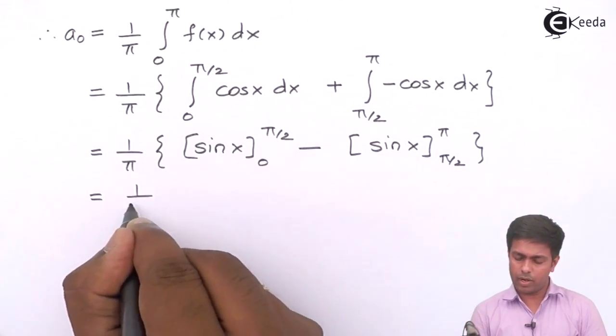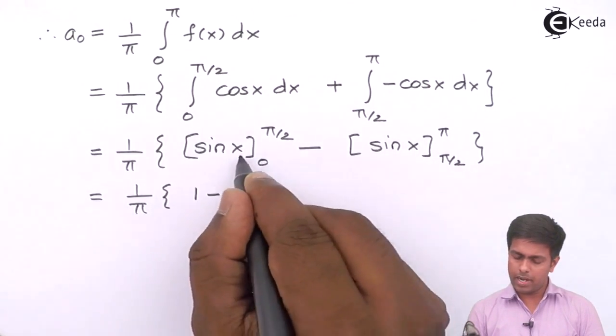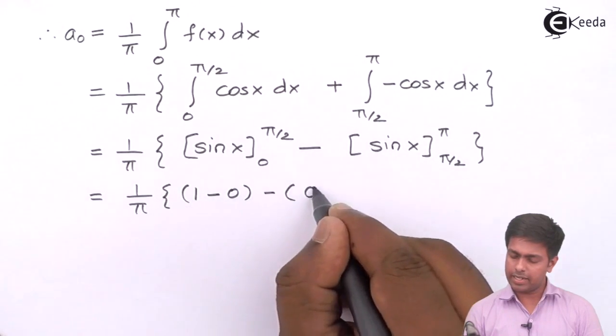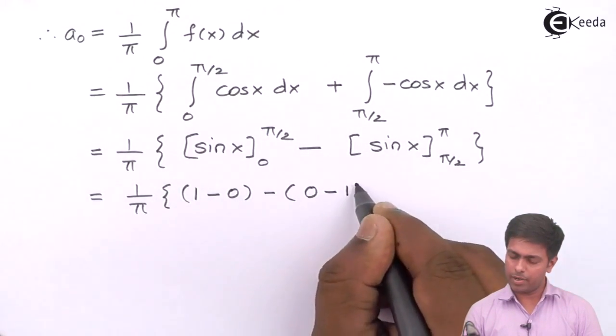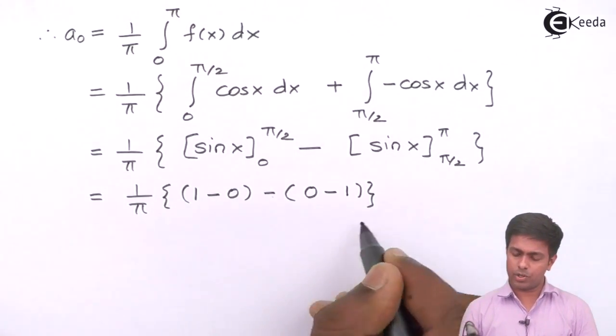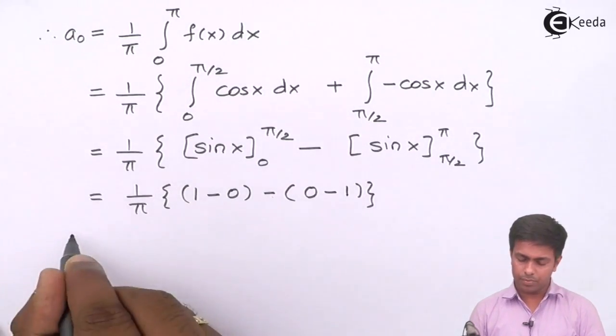Let's evaluate this. 1 by pi as it is, sine of pi by 2 is 1, minus sine of 0 is 0, middle sign negative, sine of pi is 0, minus sine of pi by 2 is 1. So minus and minus will be plus 1, and 1 plus 1 is 2.